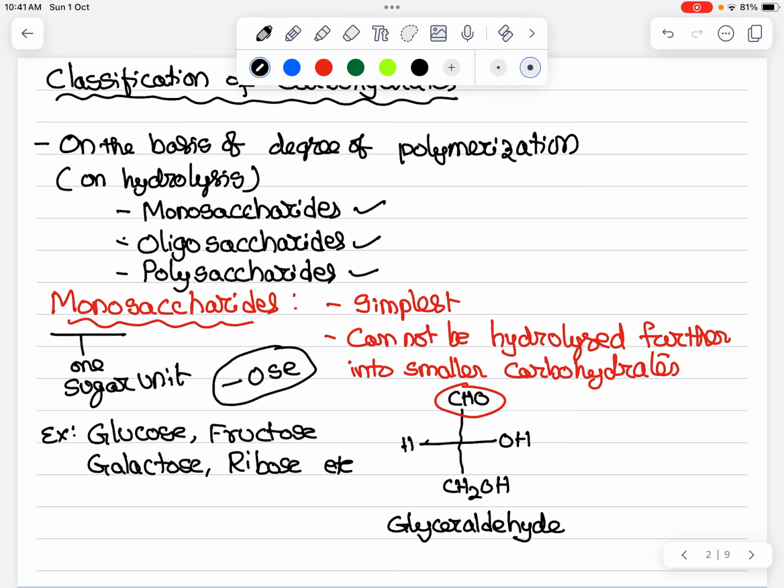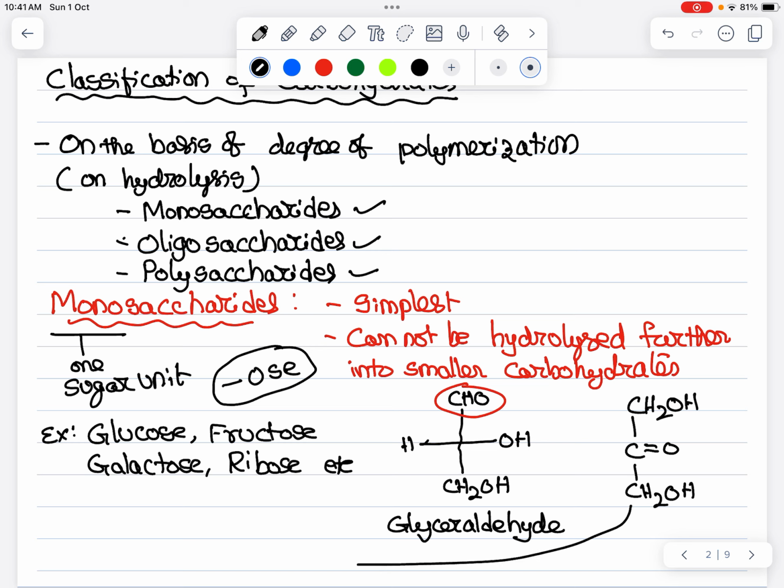Now CH2OH, C double bond O, CH2OH. This is another simplest monosaccharide, known as dihydroxyacetone, which also contains 3 carbons and 1 ketone group.